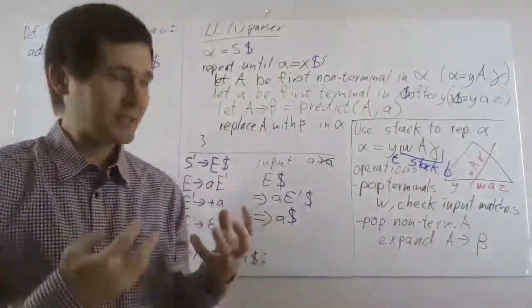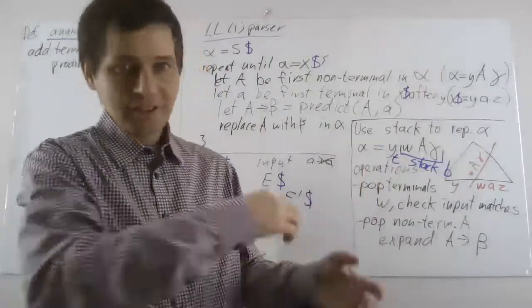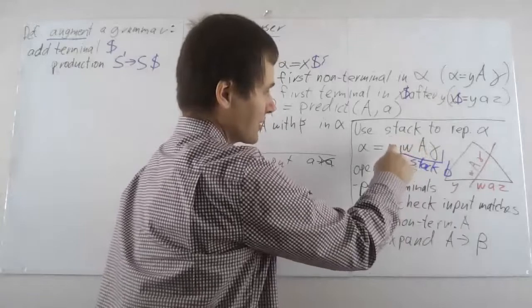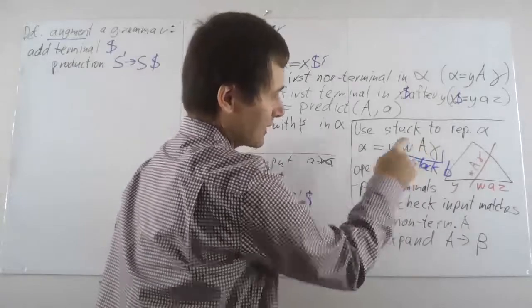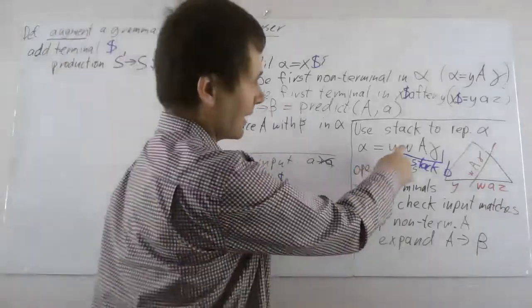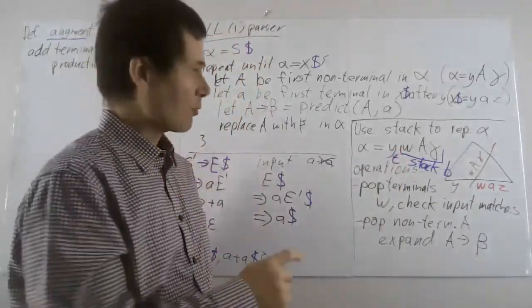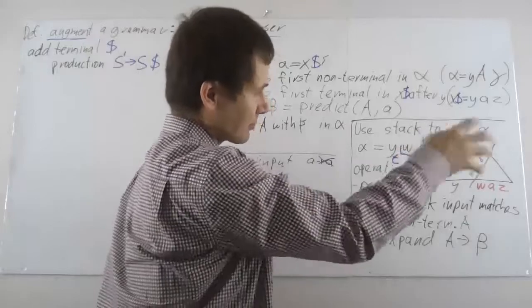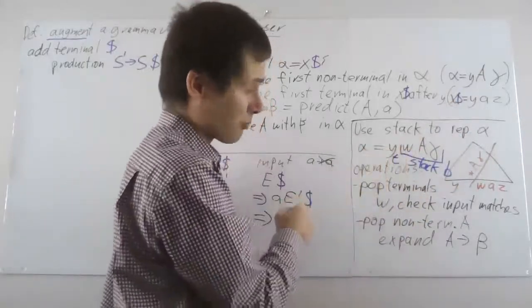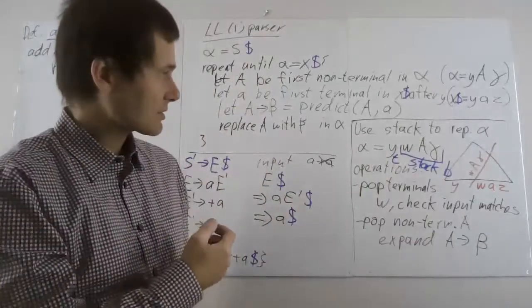And the idea is on a stack, you can push and pop things at the top, so you can make changes here between the Y and the W. The general changes that you make are, one, you get rid of the W, so you pop off the W and you make it be part of Y, the input that you've processed already.